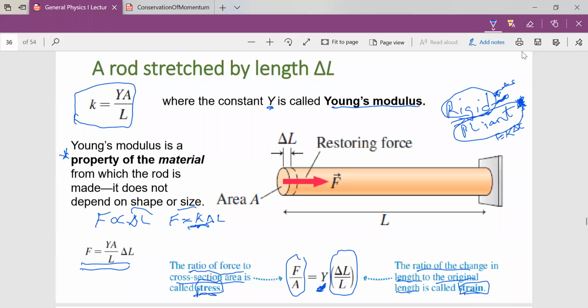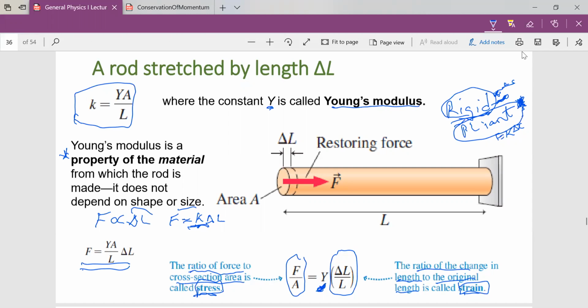So what is stress? The ratio of force to cross-sectional area, and strain, the ratio of change in length to the original length. And when they are expressed together, we see the formula for the stretch of a rigid body or the compression of a rigid body. So it's either stretching or compressing. So that is what we explained the Young modulus to be.